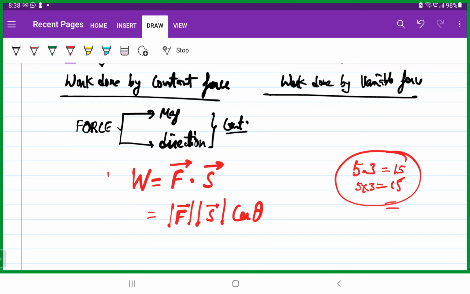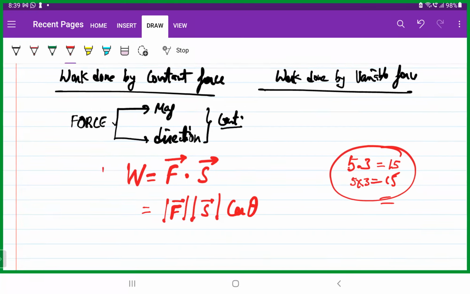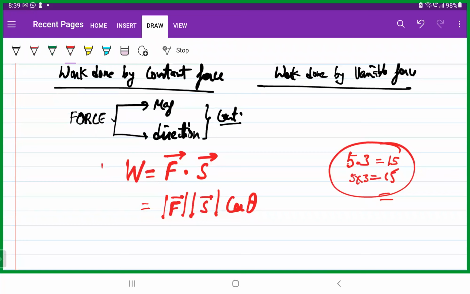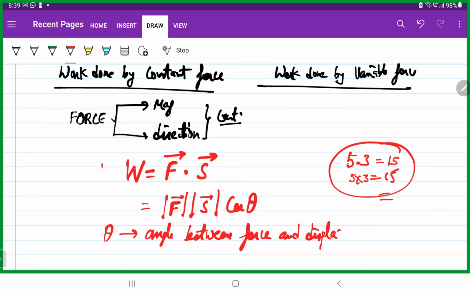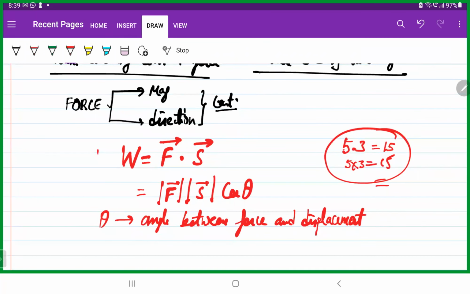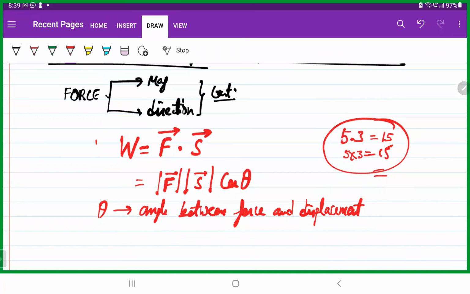So work done is equal to F dot S: magnitude of force, magnitude of displacement, cos theta, where theta is the angle between force and displacement. So this is how the dot product is defined.